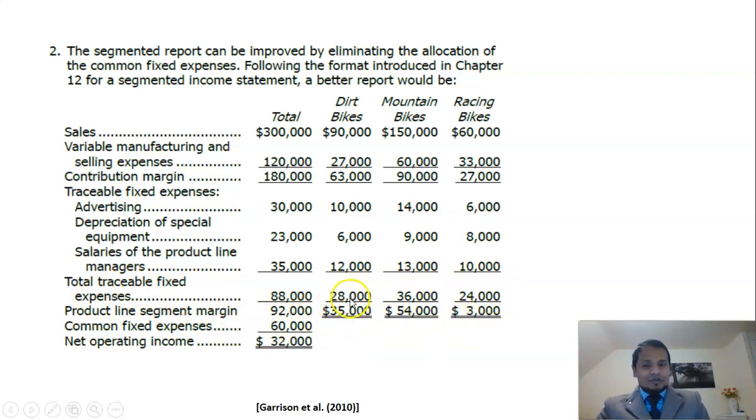We are not considering the common fixed cost. We are not charging the fixed cost on the divisions, on the products. So we can now say that the racing division is a profit-making business. So it is earning profit, not a losing business. So the racing bikes are giving 3,000 profits after incurring all of its own expenses.